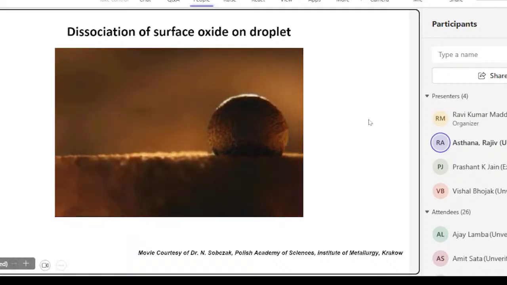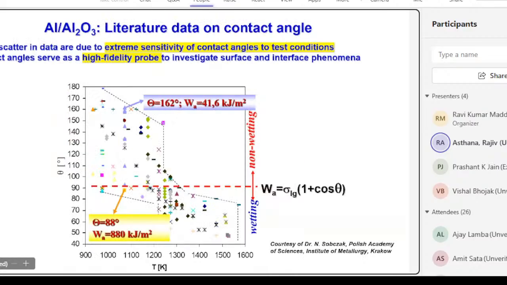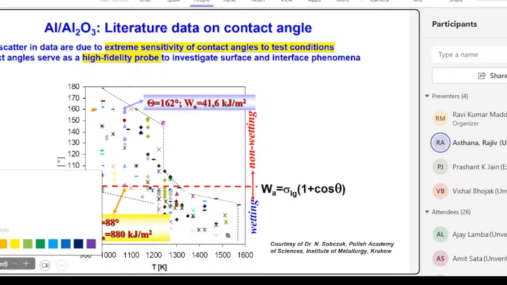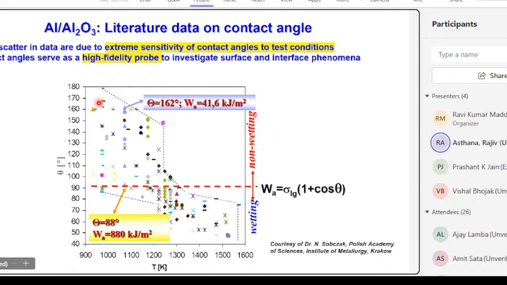But in reality, if you can get rid of the oxide, then aluminum will spread very well on an aluminum oxide surface. So if you look at all the literature data on spreading of aluminum on aluminum oxide surface, you will see a lot of scatter. The numbers are all over the place. There is really no trend except that at high temperature, the contact angle decreases, which means spreading becomes easier.